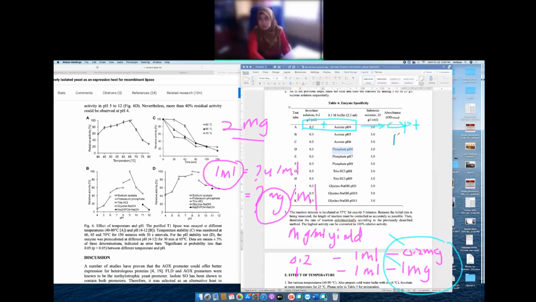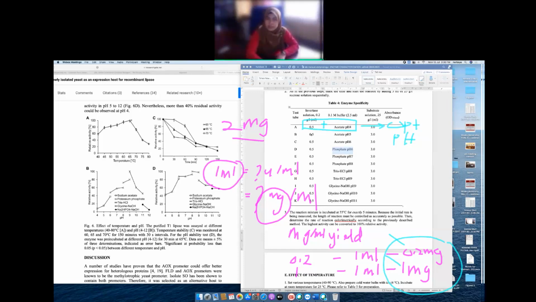This is because this pH has been proven to be the best pH for your enzyme. At this pH, your enzyme will give the best activity.